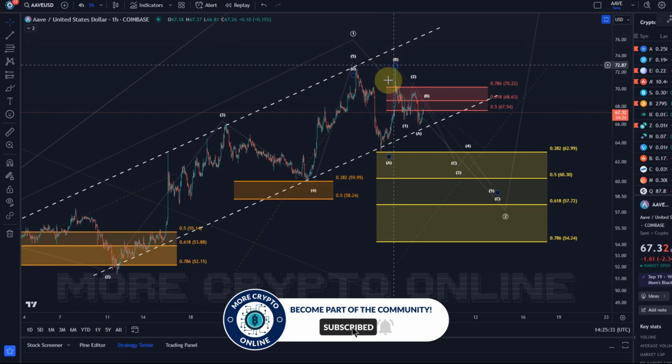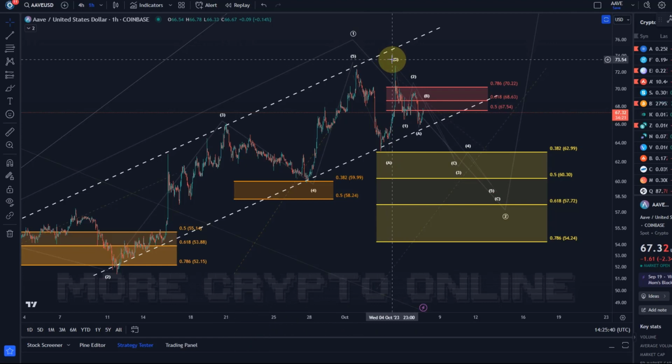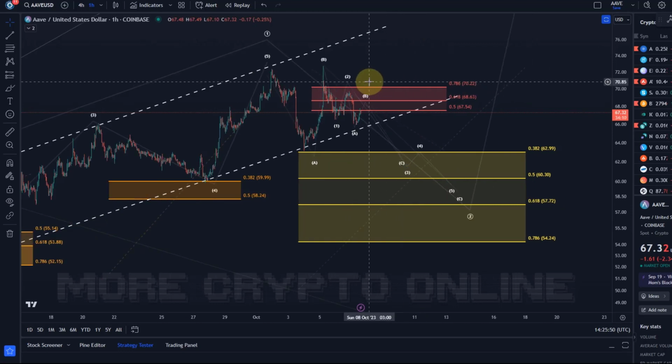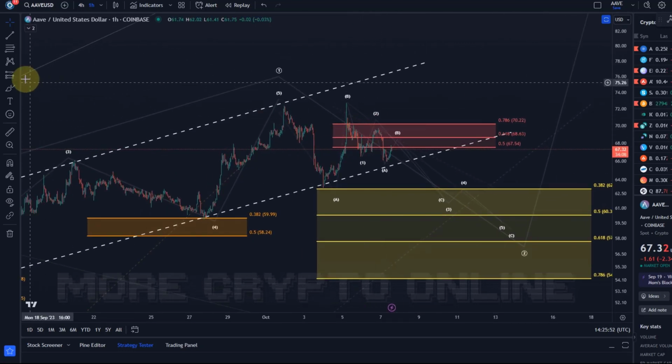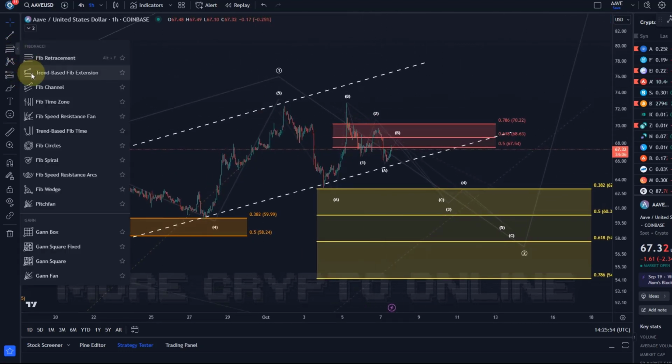It rallied in three waves and did overshoot actually, which definitely has to give us an indication that the C wave might not go down that low. Why is that? It has to do with Fibonacci extensions. The A wave and the C wave have a certain Fibonacci relationship or ratio.